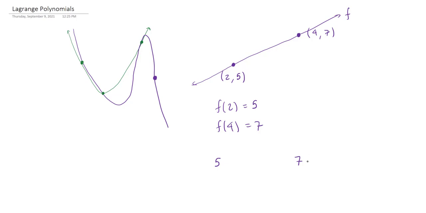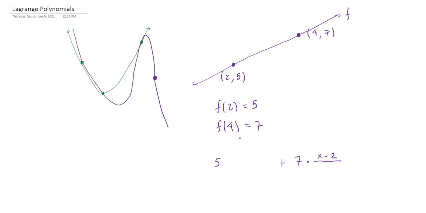So here's what I'm going to do. I'm going to multiply, and there's going to be a fraction, but on the numerator of this fraction, I'm going to put x minus 2. And the reason I do that is because when I evaluate this at x equals 2, the numerator becomes 0, I multiply by the 7, so this whole summand, there's going to be a plus sign before we get here, this whole summand is going to become 0, so I don't have to worry about it.